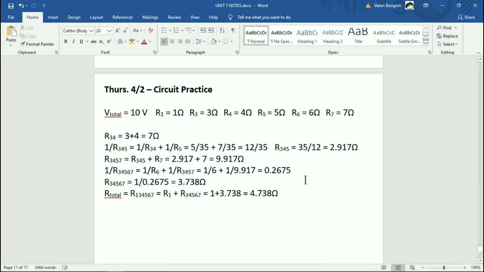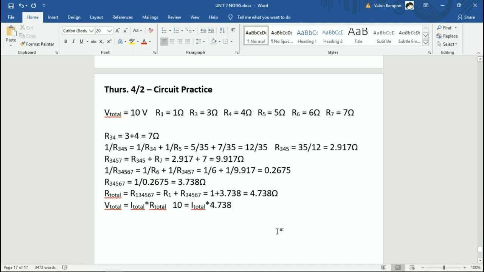So now I can get total current because I have total resistance. I have the total voltage up here, 10. So V total equals I total times R total. So V total is 10 equals I total, which is what I'm solving for, times 4.738.